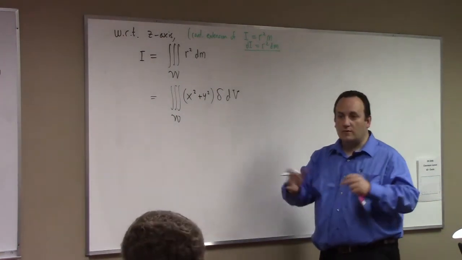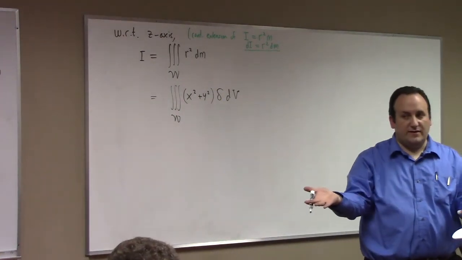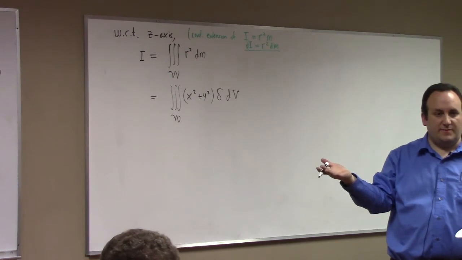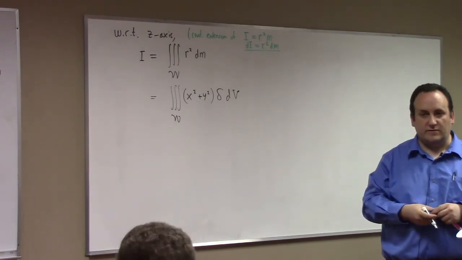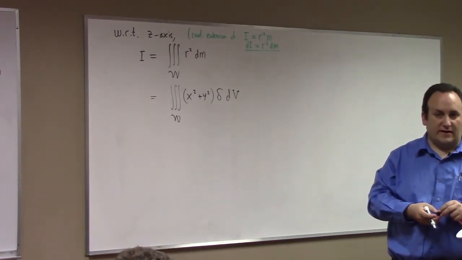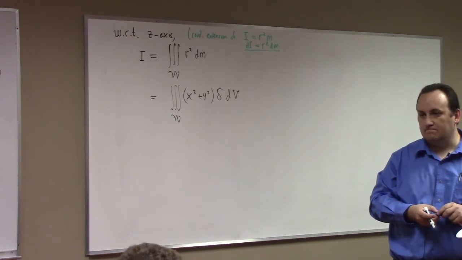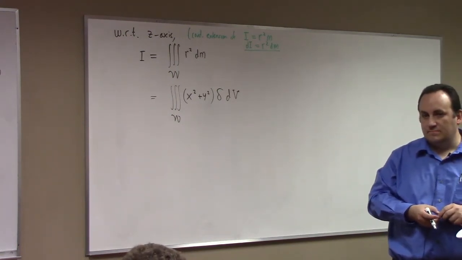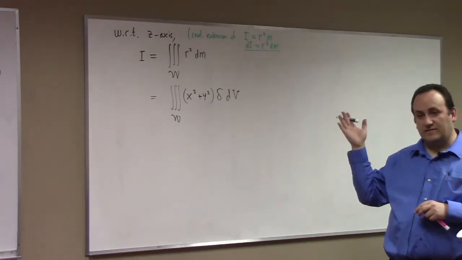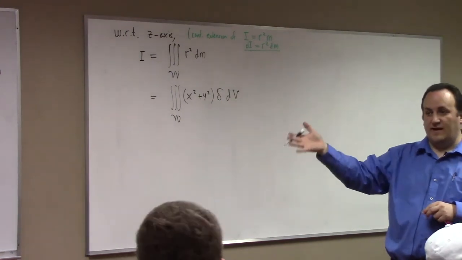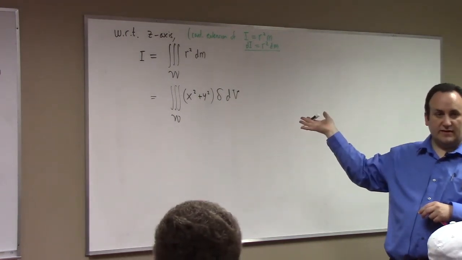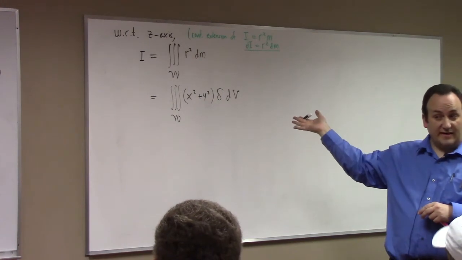Or maybe you want to stick with r squared because maybe the shape is cylindrical in nature, so cylindrical coordinates are a good choice to actually calculate the integral. Okay, but these are what centroid, center of mass, and moment of inertia look like with respect to the z-axis.